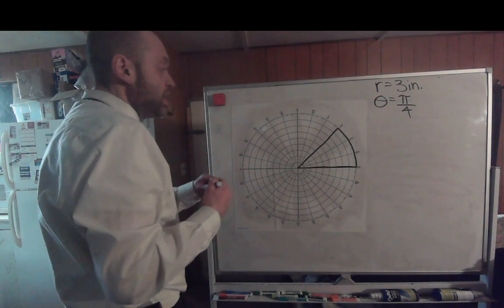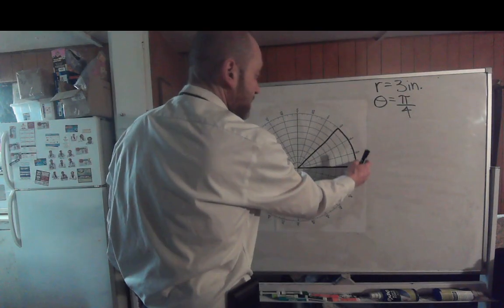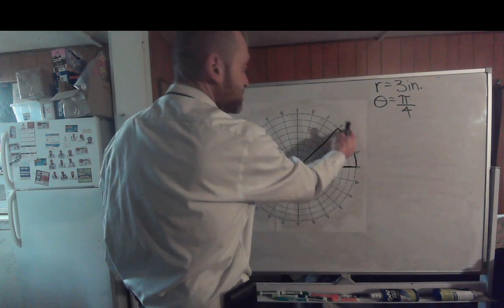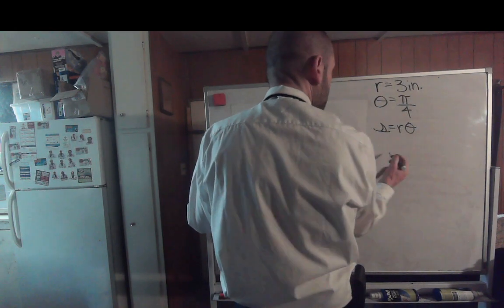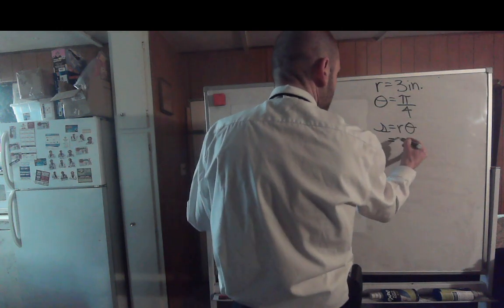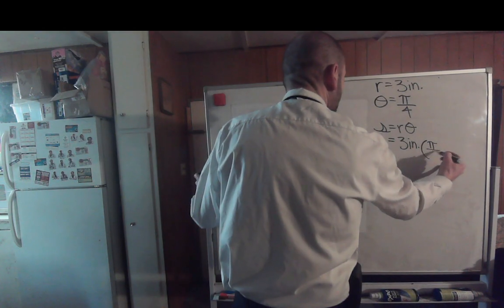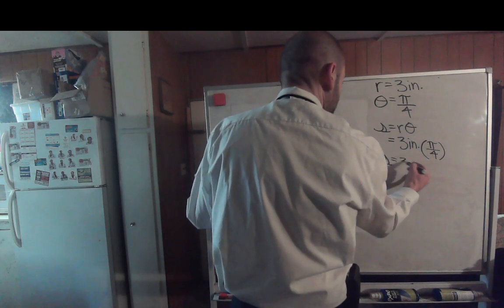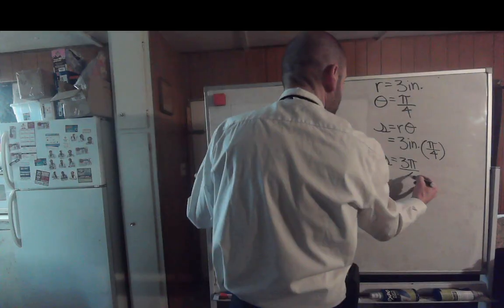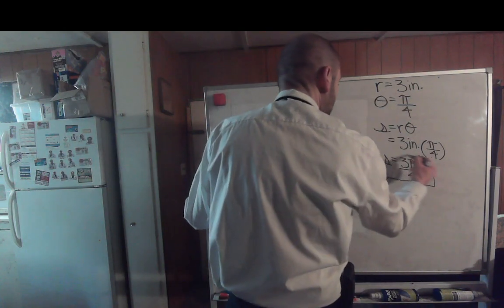So we are finding the arc length first of this arc here from 0 to pi over 4. We want to find the length of that arc. So s equals r theta, which means the radius of 3 inches times pi over 4, or simply put, it's going to be 3 pi over 4 inches. So the length of this arc would be 3 pi over 4 inches.